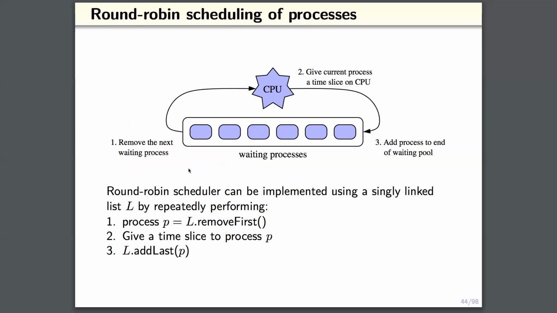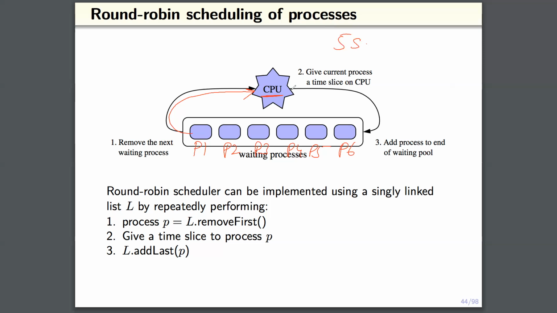So how does this work? Suppose you have a list of processes here. Process 1, process 2, process 3, process 4, 5, 6. The CPU takes the first process, gives it some time, say 5 seconds.